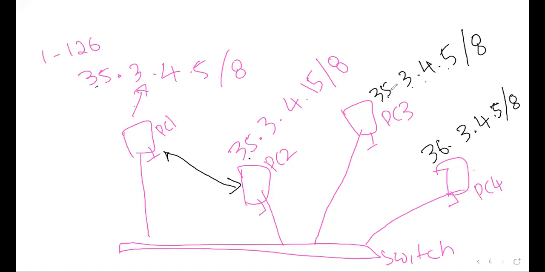If I try to assign 35.3.4.5 to PC3, you will get a message that there is a conflict or duplicate address. You cannot assign 35.3.4.5 to PC3 because that IP is already assigned to PC1.